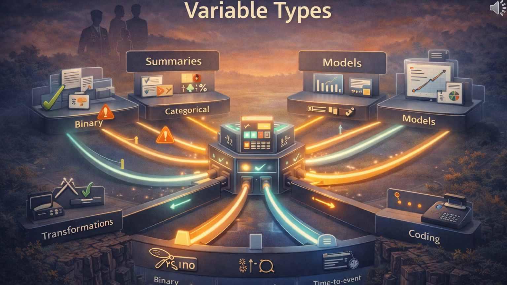Continuous variables are frequently transformed to address skewness, outliers, and nonlinear relationships. A very common transformation is the logarithm for variables like cost, income, and wait time when they have a long right tail. Log transformation compresses large values and can make relationships more linear and residuals more stable.